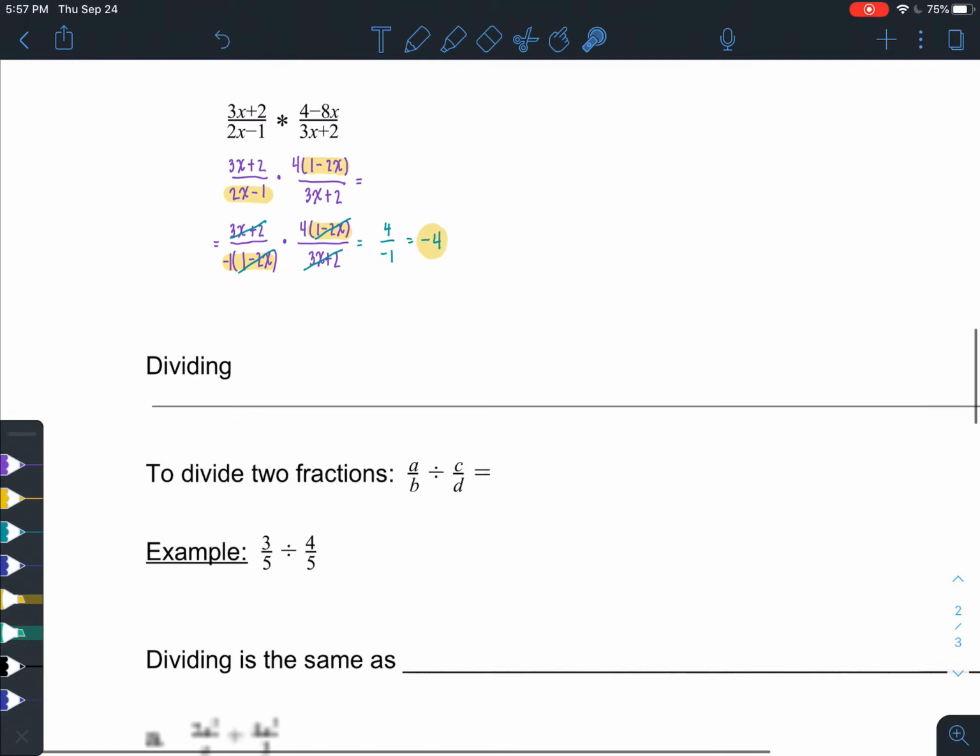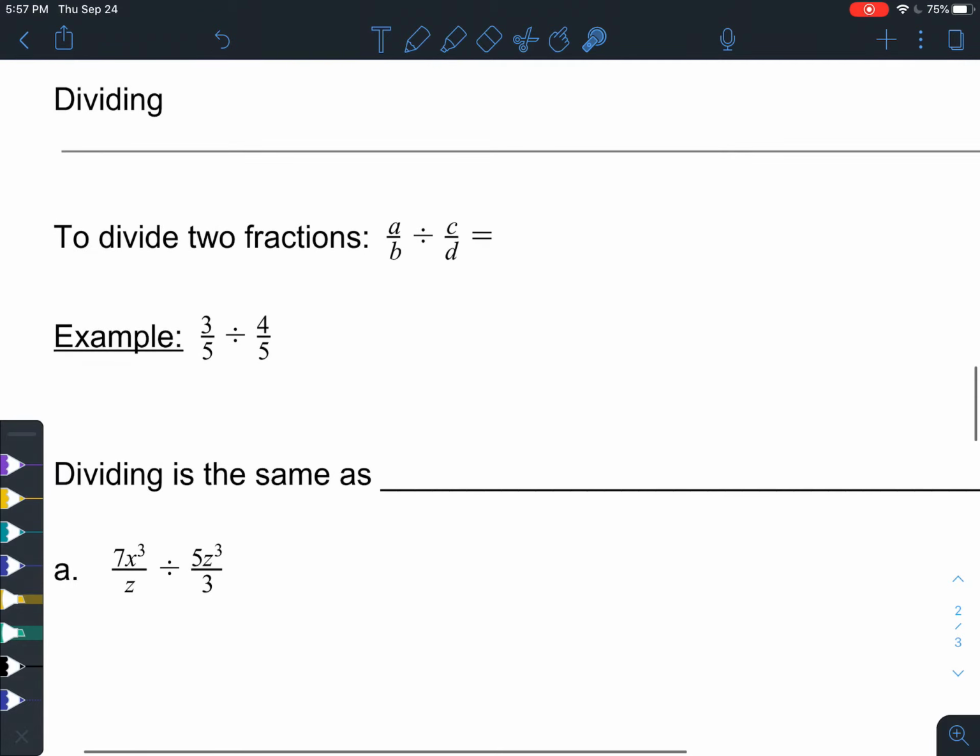All right, so dividing. When we divide two fractions, we are going to multiply by the reciprocal of the second fraction. You don't want to flip both of them.